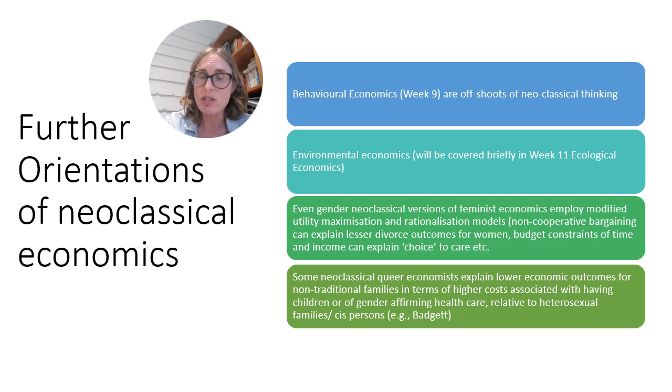Lee Badgett has modified and used neoclassical economics to try to explain injustices in the distribution of economic outcomes in the having of children and in healthcare, using a neoclassical framework. And we'll be able to look at those models and theories in later parts of this course.